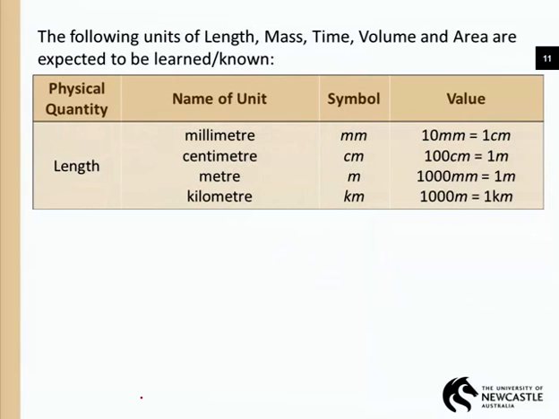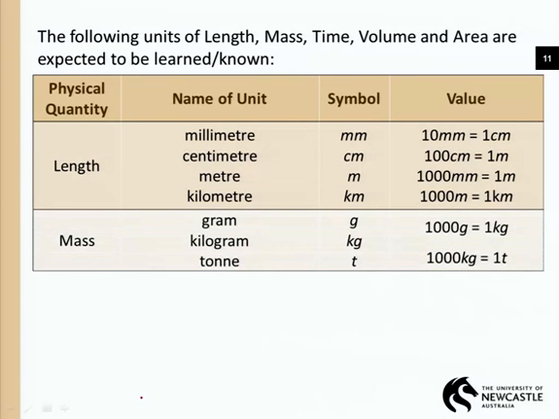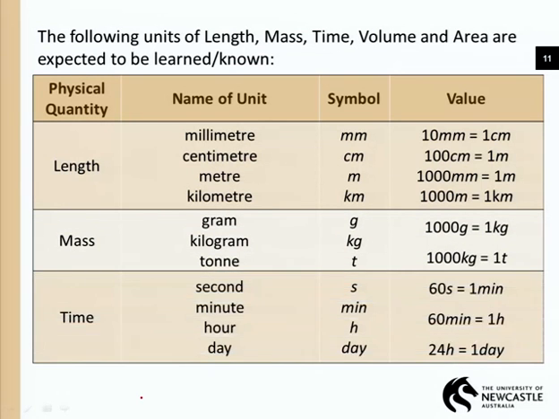So, further on from that, some other conversions that we consider that we'll know. Like length, 10 millimetres in a centimetre, 100 centimetres in a metre, 1,000 millimetres is a metre, and 1,000 metres in a kilometre. So hopefully all of them are things you will have used somewhere before. Same with the masses, 1,000 grams in a kilogram, 1,000 kilograms becomes the tonne.